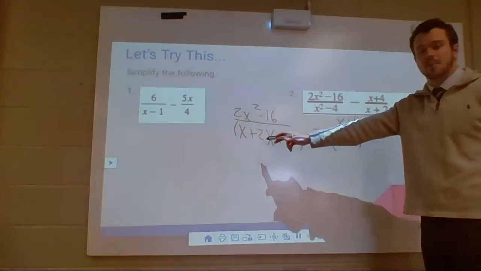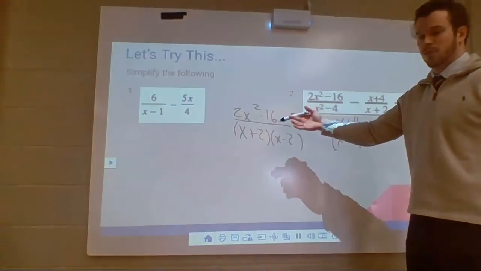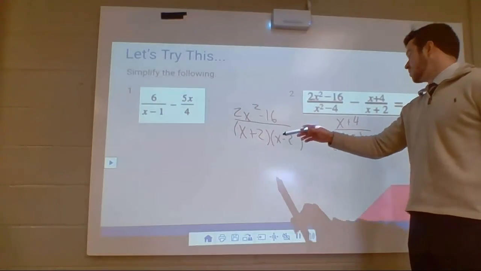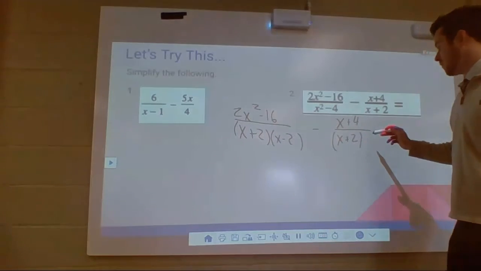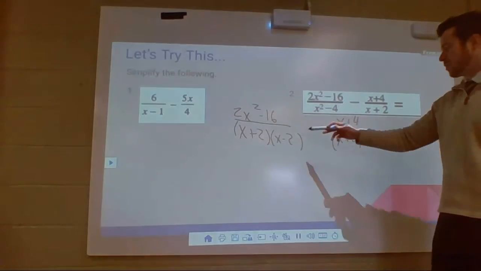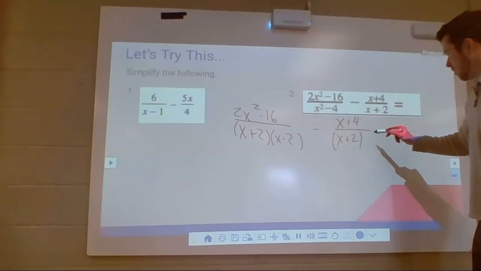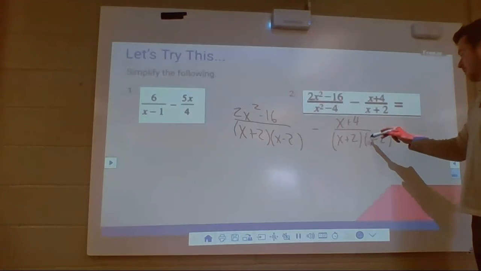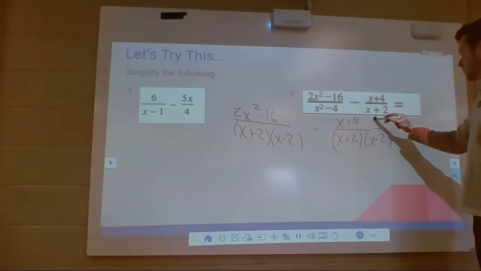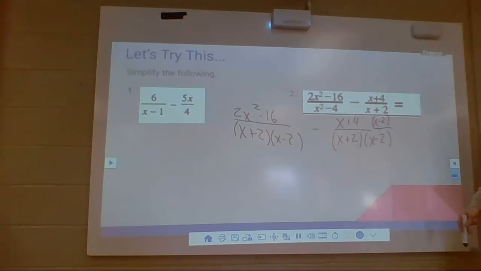Now we need to find the least common multiple of these denominators, or the least common denominator, right? So we see that they both have x plus 2, but this one has x minus 2 and this one doesn't. So in order to make them have the same denominator, I'm going to multiply that denominator by x minus 2, and I'm going to multiply this numerator by x minus 2.